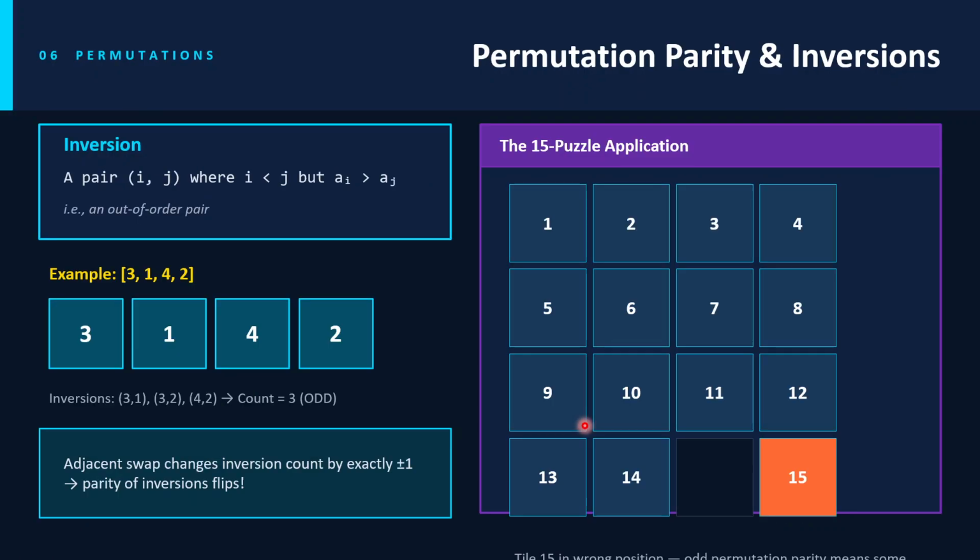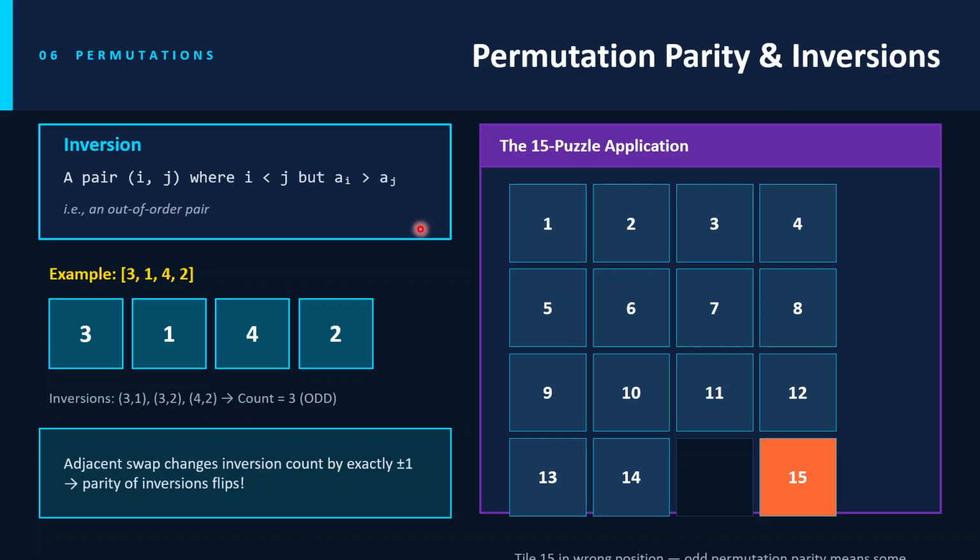Now inversion: you have a pair i, j, let's say 1 and 2, where i is less than j, yes, 1 is less than 2 obviously, and A1 is greater than A2. Now this is an out of order pair. We can classify this as an invariant. This is where permutation, parity, and inversions work.